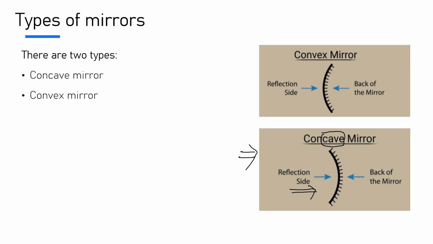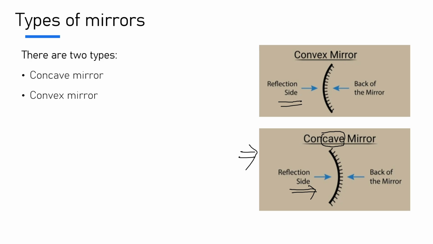So the cave part is reflecting. Then convex is just opposite, which is bulged out. The bulged out part is reflecting for convex. So here you just have to remember the cave. The cave part is reflecting, curved inwards. The other one is just opposite of this. That is the main difference you should remember when you learn about convex mirror and concave mirror.